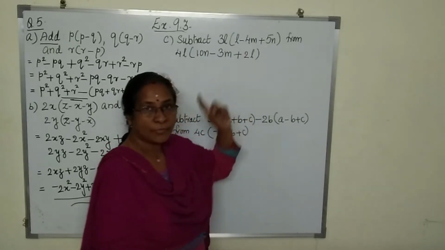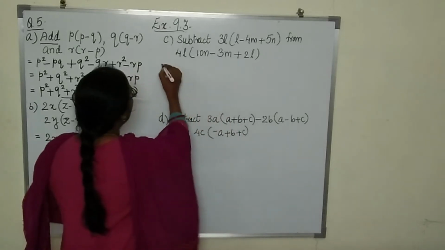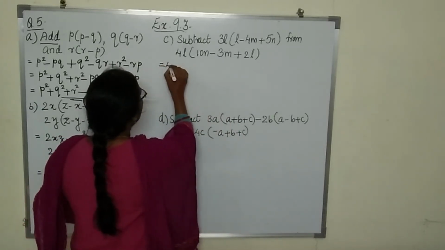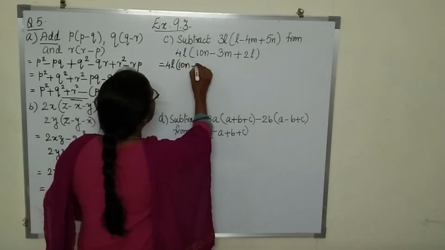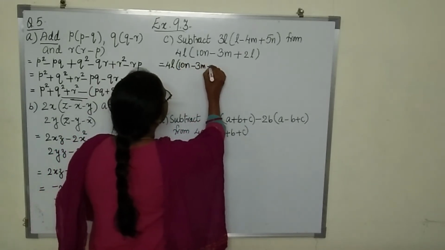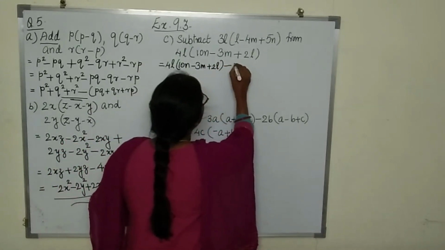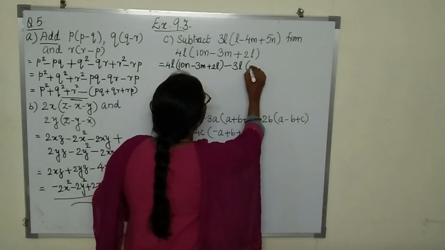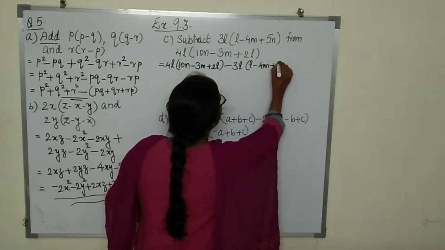So what will you write first? This product. So this is equal to 4l into 10n minus 3m plus 2l, minus 3l into l minus 4m plus 5n.